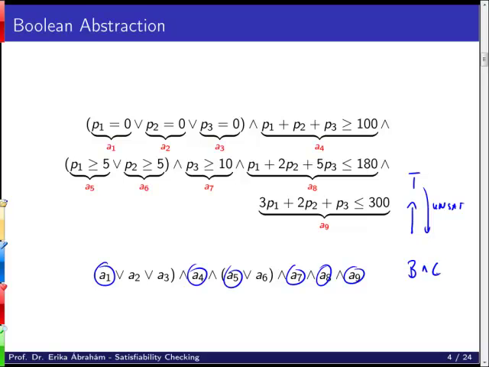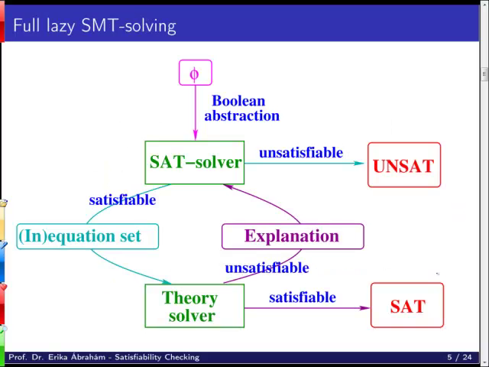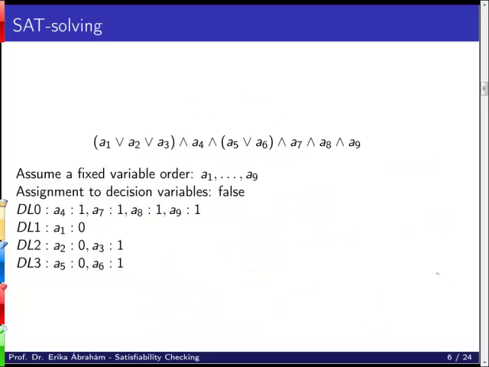So let us look at how it works. There's this Boolean abstraction, and we start with the SAT solver. Just to refresh how SAT solving works, we have variables A1 to A9, and now we need some heuristics. So let us say that we take just the syntactical ordering, and we always assign false to the decision variables.